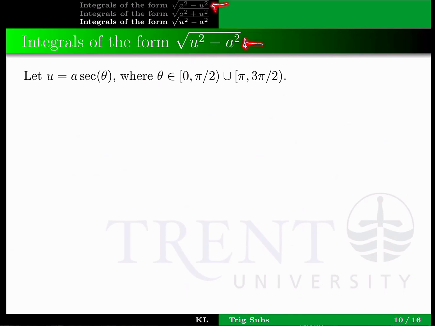And of course, if you check the second form, a squared plus u squared, it is the same as u squared plus a squared. So we don't have to exchange the positions of a squared and u squared. For this one and this one, the positioning of the constant squared and the function squared is important.